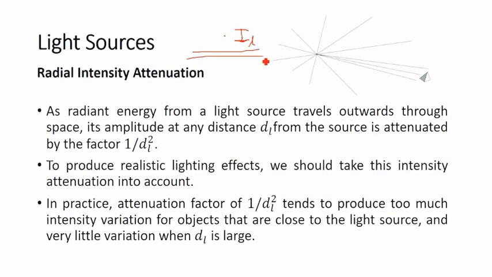Let us say that attenuation doesn't happen. Then there is no difference in the intensity with respect to the object that receives the light. In that case, we can multiply it with 1.